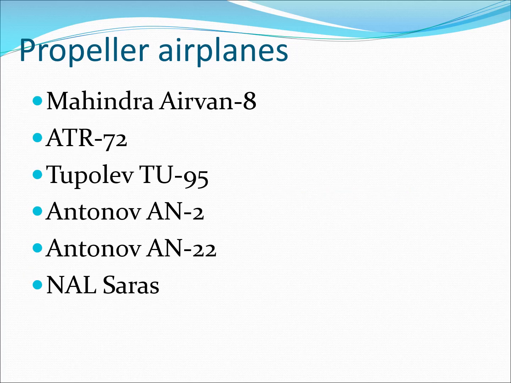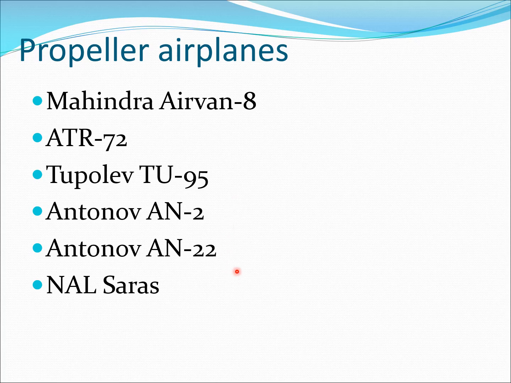Now, more such airplanes have come up. Some of them, like the ATR-72, are being used in various transport between, for example, smaller cities. One of the advantages is that they can take off and land at smaller airports compared to the jets. There is an interesting aircraft, the Tupolev Tu-95. This is a military aircraft, but it has been in service for a very long time and is still in service.